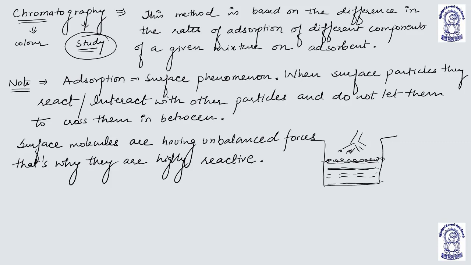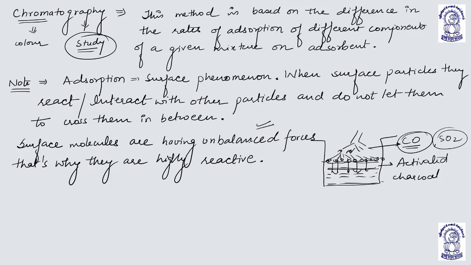So this surface is activated charcoal, and this is suppose carbon monoxide gas, or sulfur dioxide gas. The gas particles will only attach on the surface, they will not go in between, they will not go in the bulk. That is why this adsorption is known as a surface phenomenon. The surface particles are highly energetic because of unbalanced forces. That is why they tend to react first.